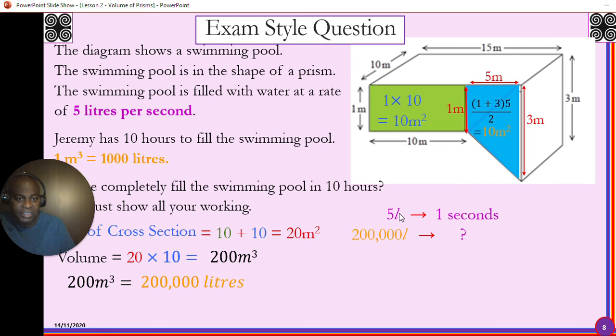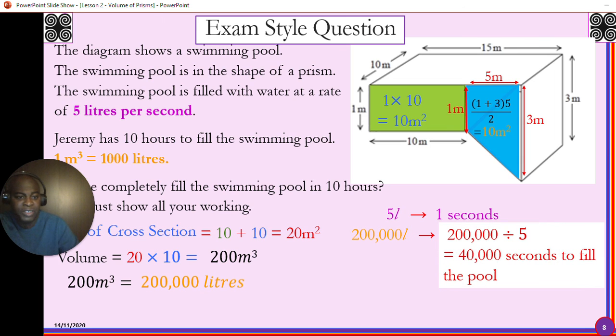Every second I can pour in 5 liters. How many seconds will it take to pour 200,000 liters? You divide 200,000 by 5. So that means that it will take me 40,000 seconds to completely fill the pool.